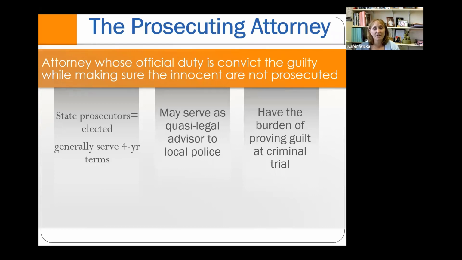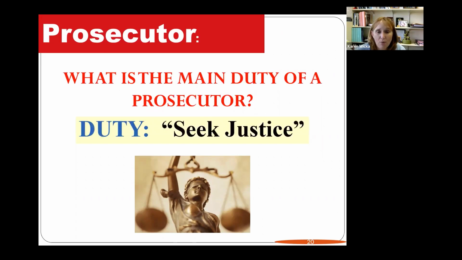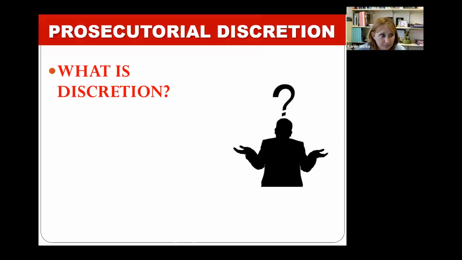And don't forget, they're the ones that carry the burden of presenting the evidence at trial that the person did in fact commit the crime beyond a reasonable doubt. Okay, but doing all of those things, they always have to worry about seeking justice. They always want justice, not winning, justice.